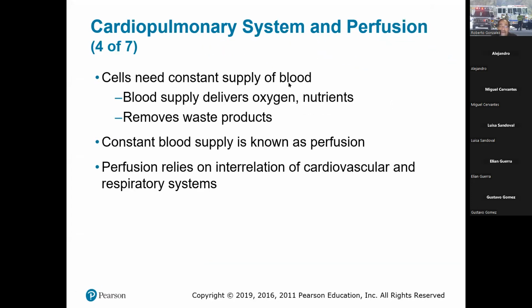Cells need a constant supply of blood. The blood supply delivers oxygen, nutrients, and removes waste products. A constant blood supply is known as perfusion, and perfusion relies on the interrelations of the cardiovascular and the respiratory system itself.